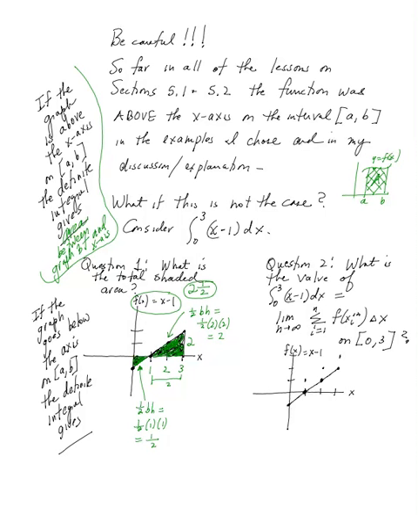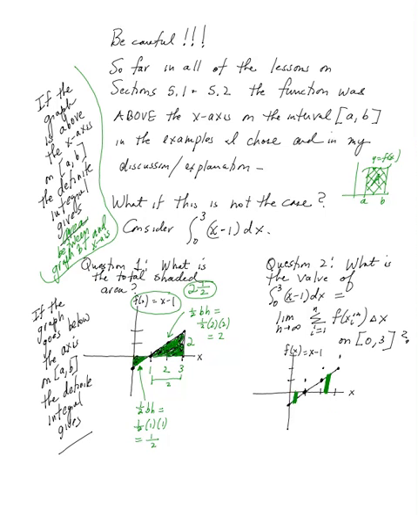Now, let's draw in the ith rectangle over here. And let's draw in an ith rectangle, just a typical rectangle. And let's draw in an ith rectangle over here in the portion where the graph drops below the x-axis.